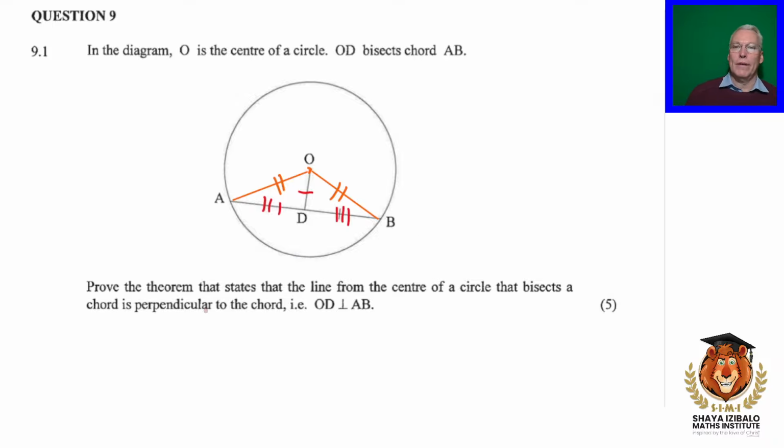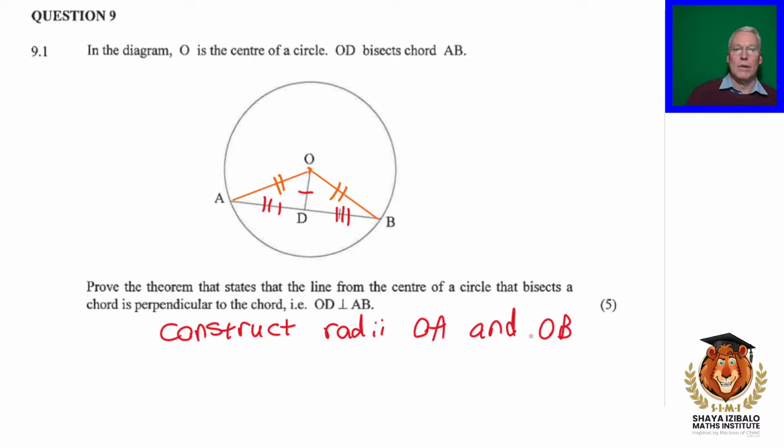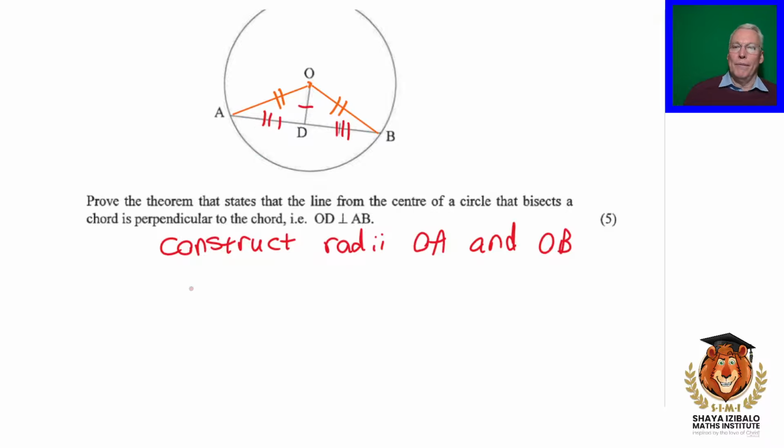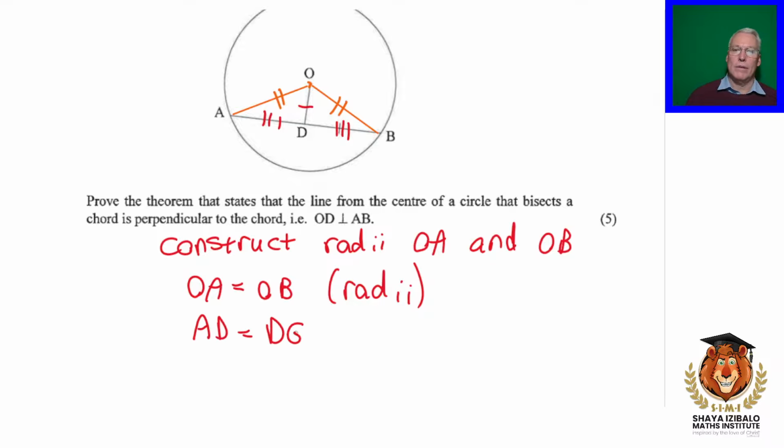So let's write that down. Construct radii OA and OB. Now we know that OA is OB because they're radii. We know that AD is DB, that was given.